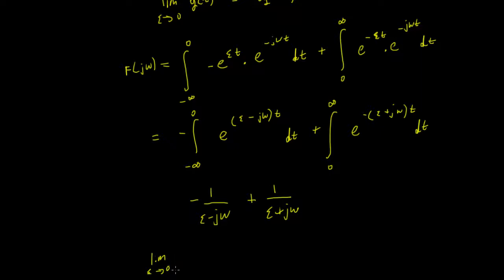I'm just off the edge of the page there, so I'll move up a little bit. So we want to take that limit there, so in effect epsilon tends to 0, so that's got to tend to 1 minus 1 upon minus j omega plus 1 upon j omega, which equals, well, a minus and minus add up, cancel to make a positive, so you're going to have 2 upon j omega.